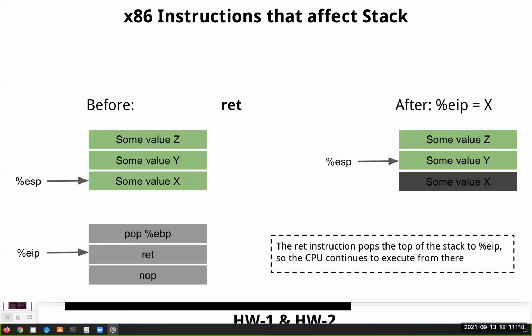In the Intel architecture, you cannot directly pop things into EIP. You have to use this return instruction. So this is different for different architectures. I think maybe in the 64-bit version you can do that. And in ARM you can definitely do that. Actually, that's what we do in ARM. We directly pop things into it. But in ARM, it's not called EIP, it's called PC, program counter. The same idea.